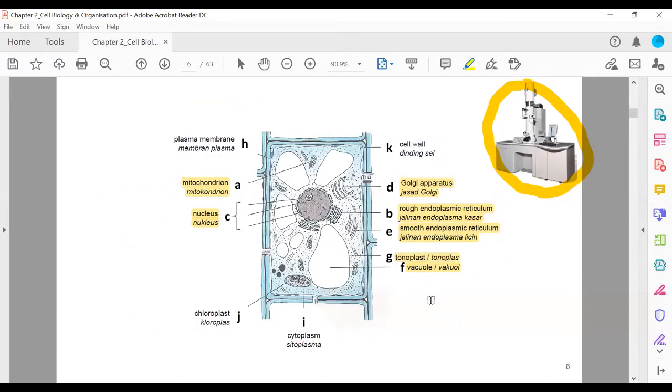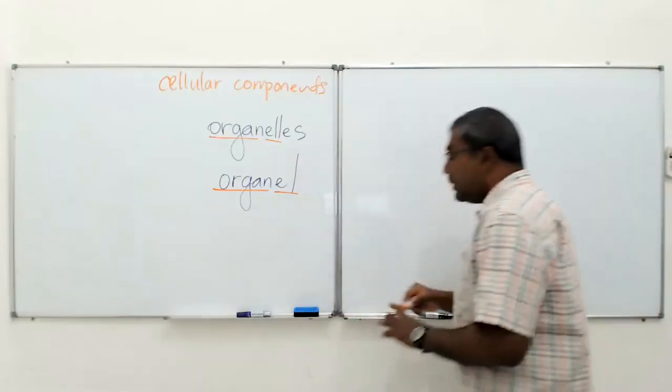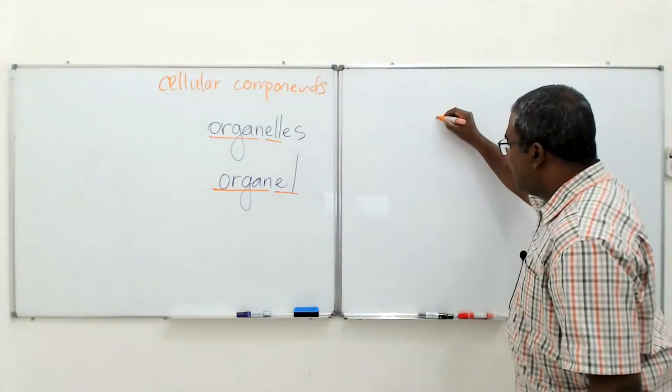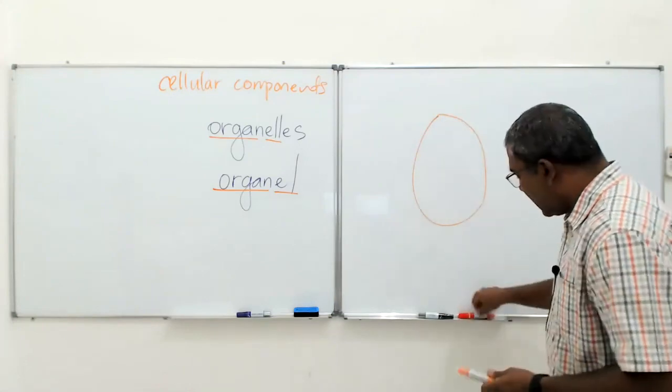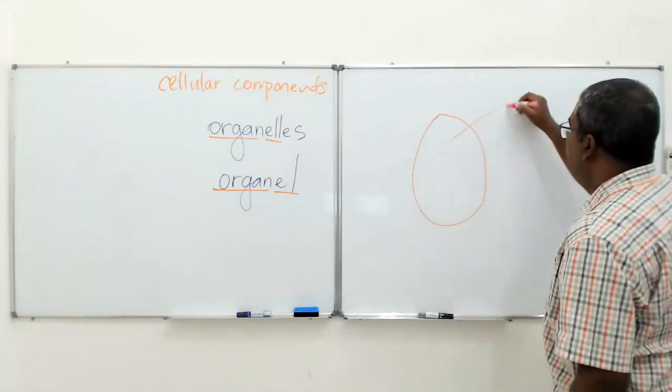What is tonoplast? Tonoplast ialah nama membrane untuk vacuole. Let's say this is vacuole. So yang ni ialah vacuole.